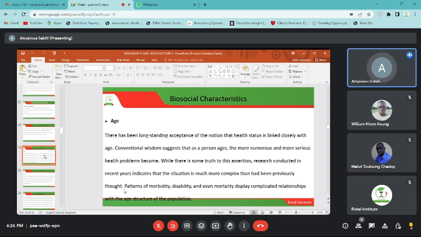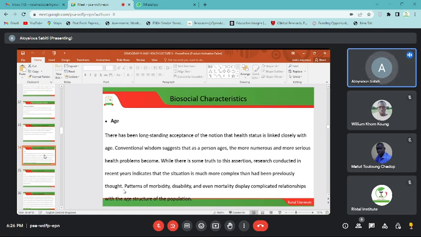However, what is key for us to understand is that this is not always the fact. That is why we could still see that young people aged 30, 20 could still succumb to COVID-19. However, we are not stating that age cannot influence the health status. That is what this entire characteristic is talking about.